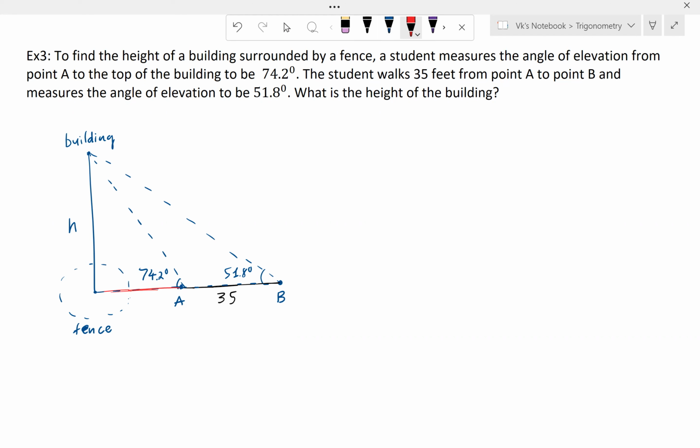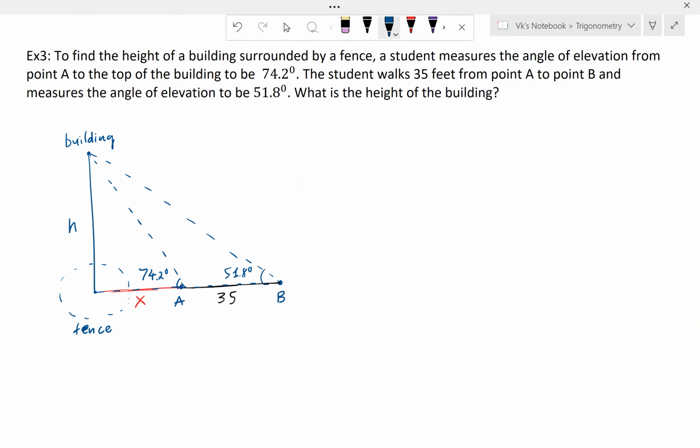If you look closely, there's a smaller triangle and a bigger right triangle. So we can use the distance from the base of the building to the point A to be x and get two tangent equations.